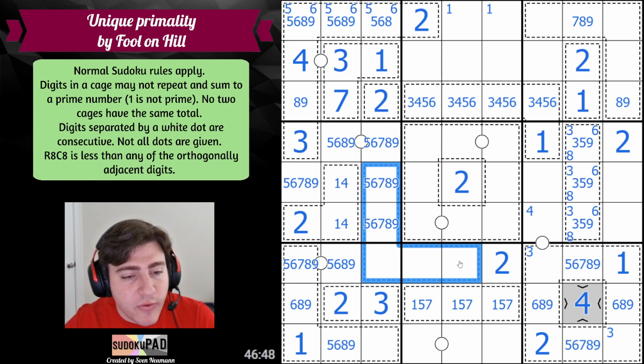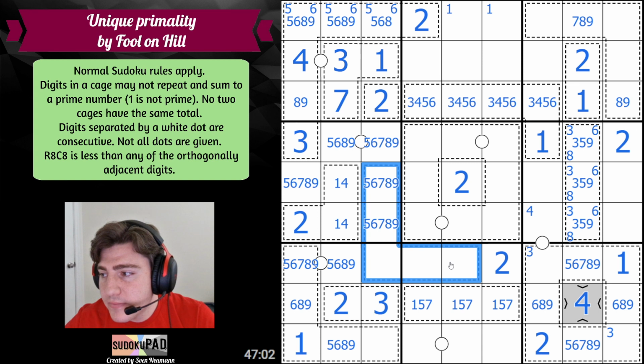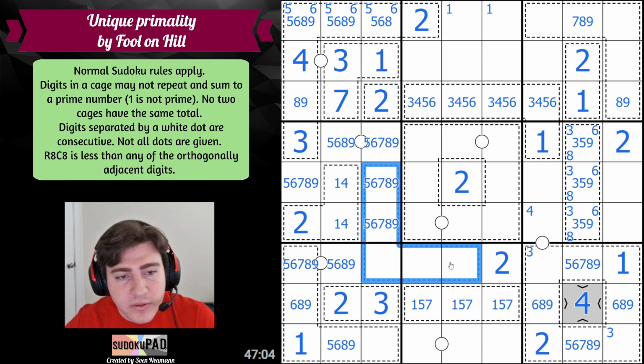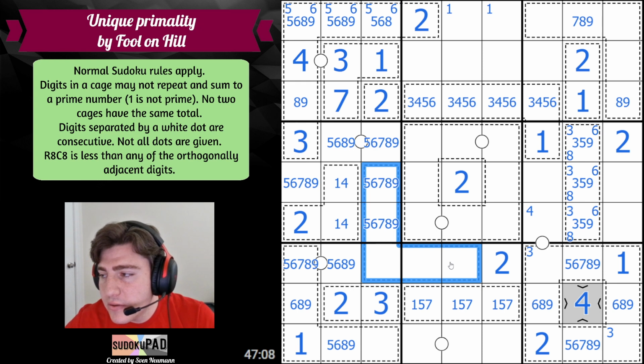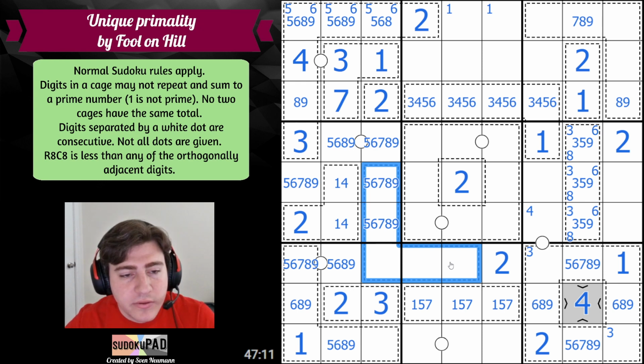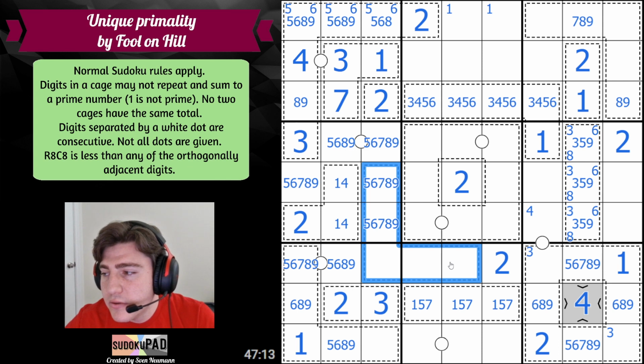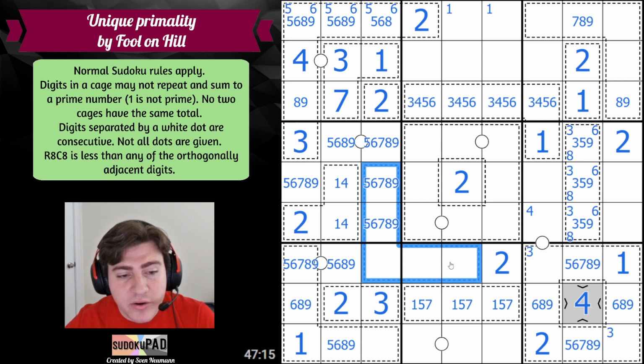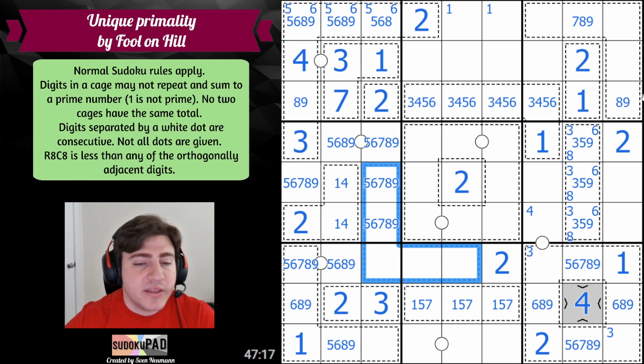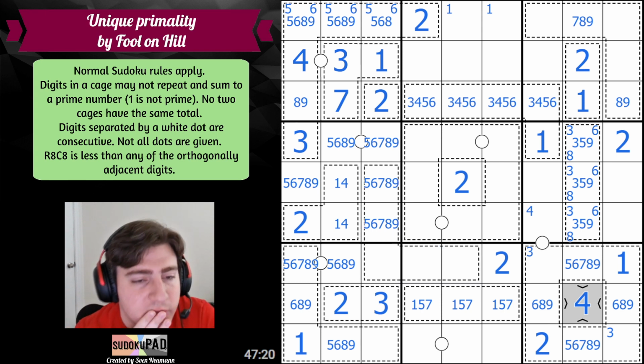If we said this was 4, 5, 6, 7, 8, then that is 30, right? So we don't use 9 here. All right, that doesn't, never mind. That doesn't do what I thought it would do.